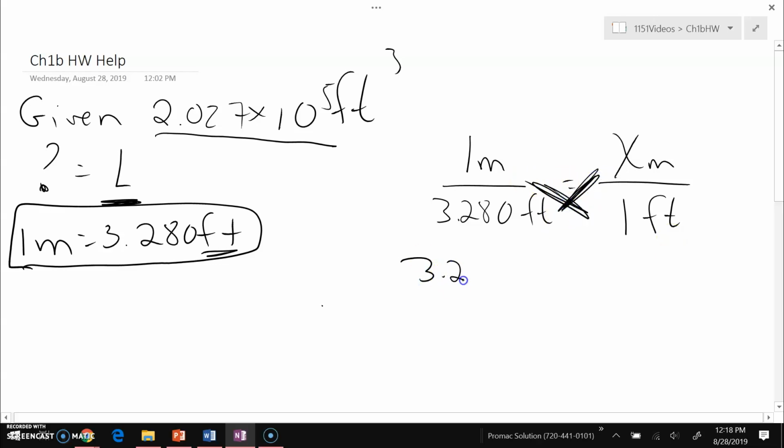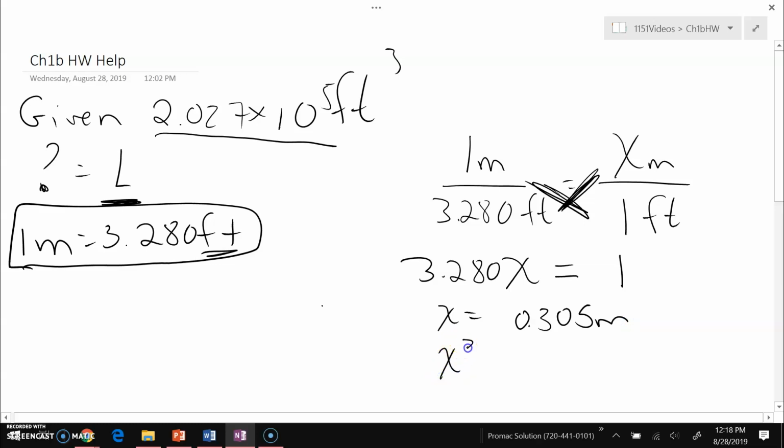You write a new equation. I'm going to get rid of my units for a minute and just write the algebra: 3.280 x equals 1. X is going to equal 0.305 meters.